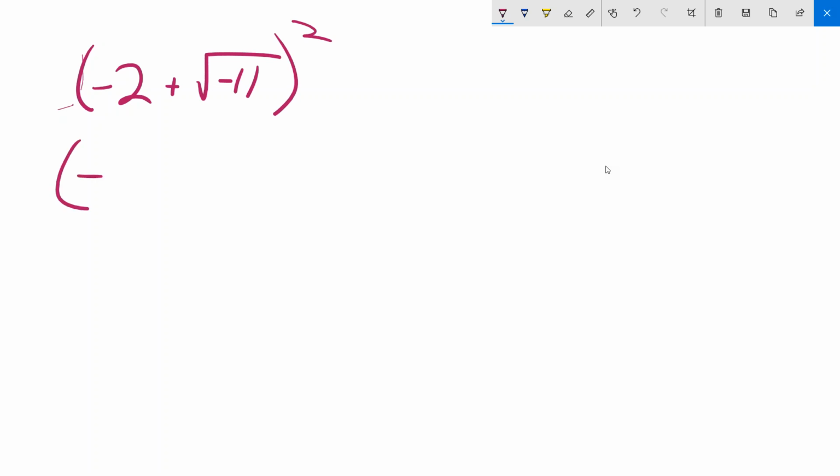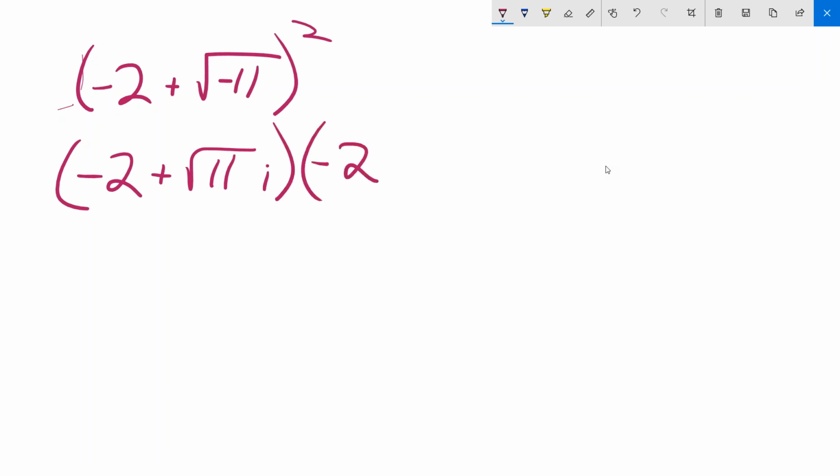So this became -2 plus root 11i, times itself.